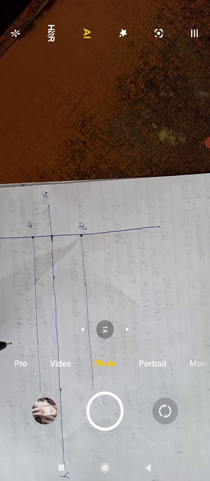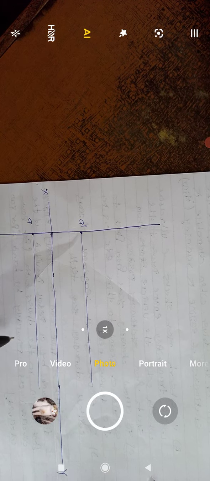Then it is inclined at 35 degrees to VP. Its plan length is 50 mm. Draw the projection. Okay, so plan length is given and inclination is also given.